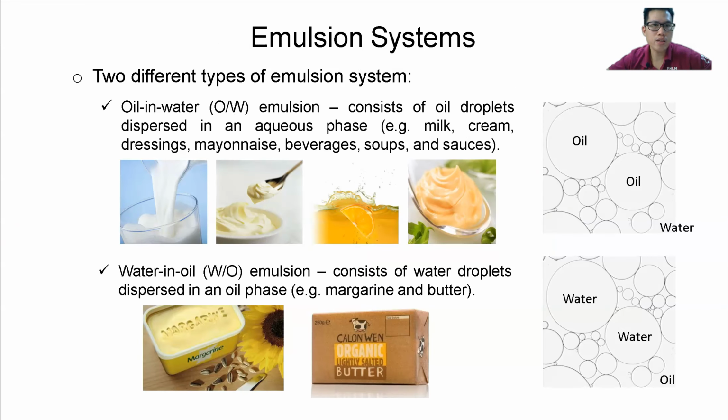On the next slide, if you look at this, we actually have two different systems here. We have oil in water emulsions and water in oil emulsions. Oil in water emulsions, or you can use the abbreviation O/W, basically consist of oil droplets dispersed in an aqueous phase.